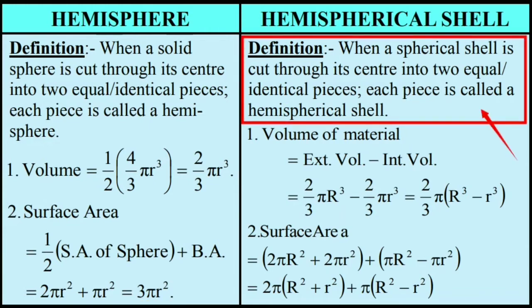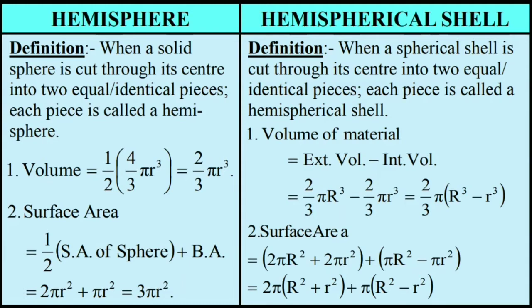Hemispherical shell. The definition is when a spherical shell is cut through its center into two equal halves or into two identical pieces, each piece is called a hemispherical shell.